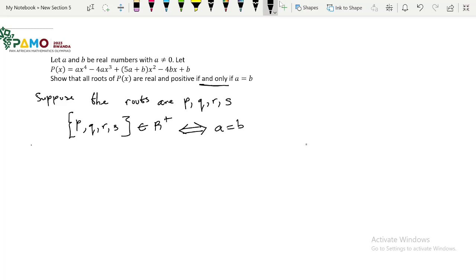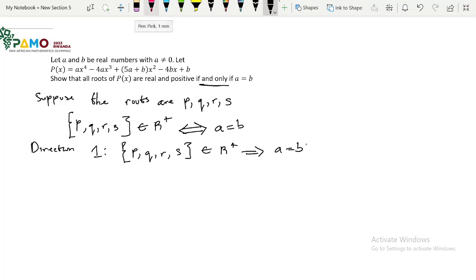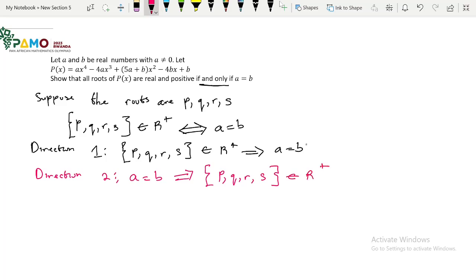We'll first show one direction: on direction one, p, q, r, s being real implies this. Then for direction two, we'll show that a equals b implies that p, q, r, s are all positive roots.